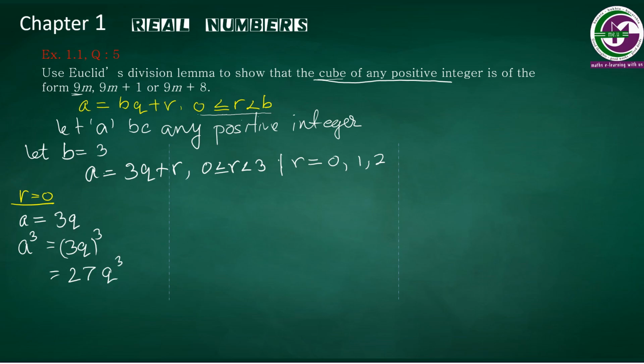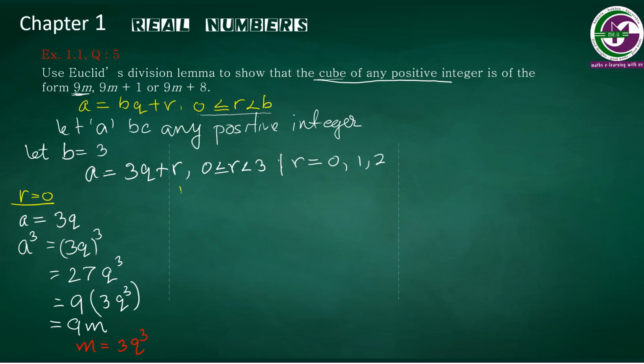So we need a 9m format. So what we'll do here, we'll take 9 common. So 9 outside, this will be 3 times q cube, and it can be written as 9m where m is equal to 3q cube. Okay, so we got it, 9m. It can be one form, 9m. Now we'll go for the next.